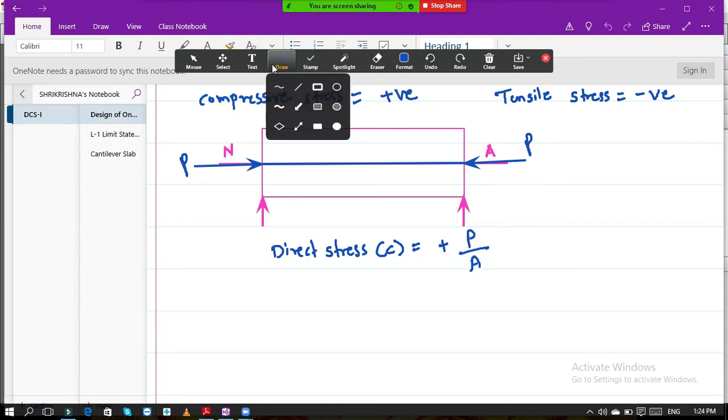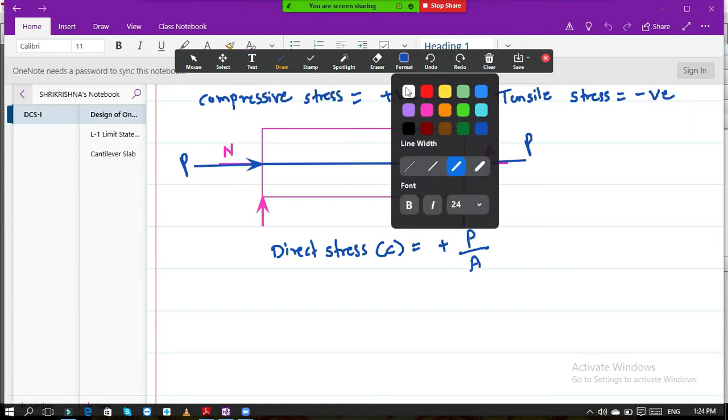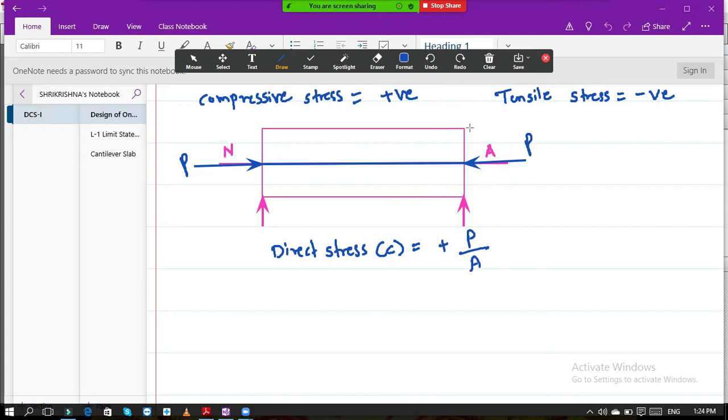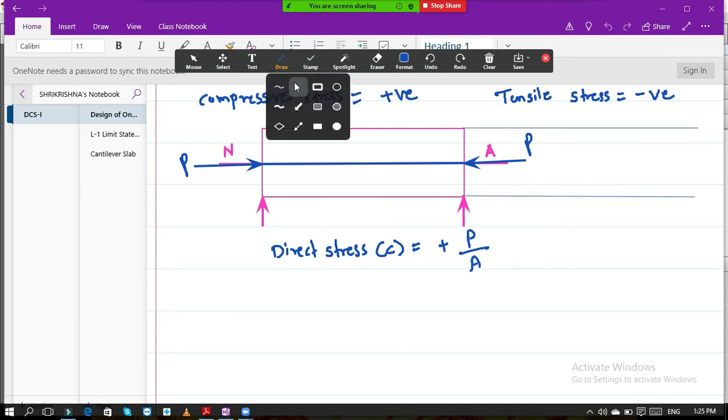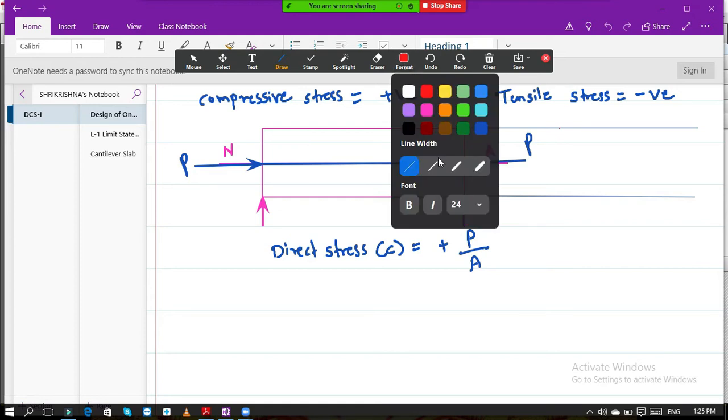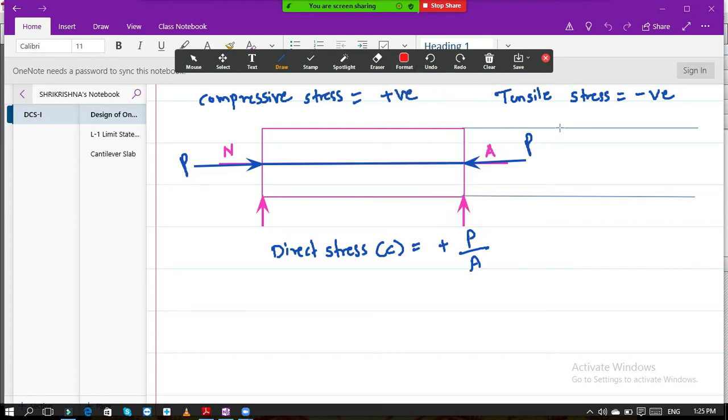And if I extend these lines, I will draw the diagram of the stress. Now see how the direct stress diagram looks. So it will be like this.